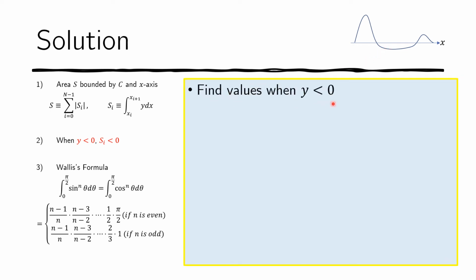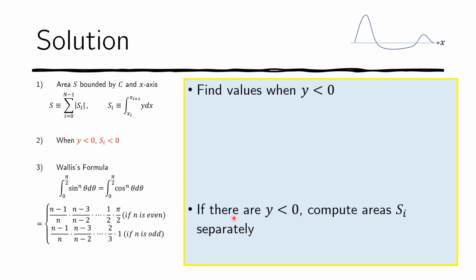We will do that first, and then if there are y's that are below the x-axis, we will have to compute the areas separately. So we need to compute the area here, and then we need to compute the area here, and then we need to compute the area here, and we do them separately because again, this will be negative, here will be positive and positive, but we have to turn them all into positive, so we'll get the absolute values of all these. So let's do this.